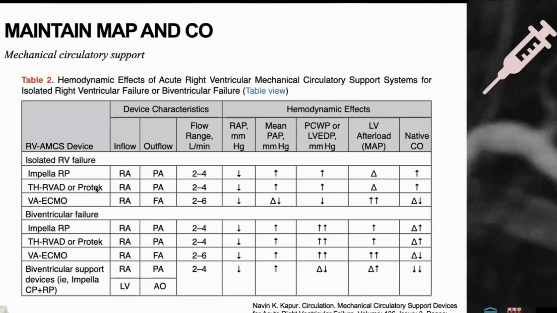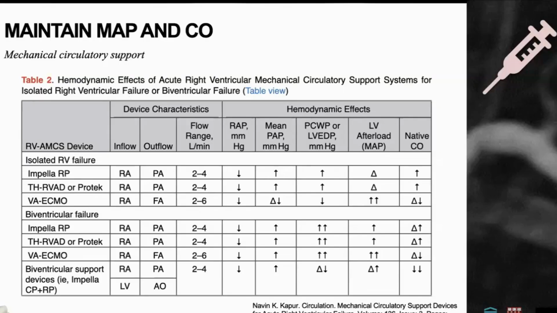Really the difference between VA ECMO, of course, other than the oxygenator, is that with VA ECMO, you're also offloading the left ventricle. And I put this table in here because you also have to be cognizant that if the patient not only has RV failure, but concomitant LV failure, you really want to watch out for putting in these isolated RV devices, because they'll bypass the RV, but they'll also jack up the pressure in the LV because you're shoving all that blood back into the LV.